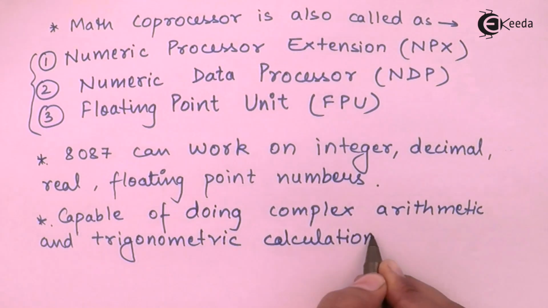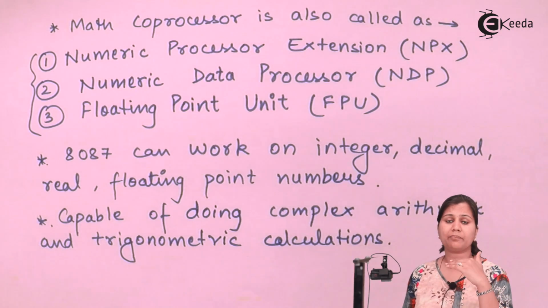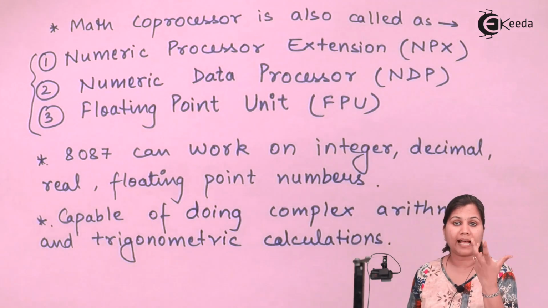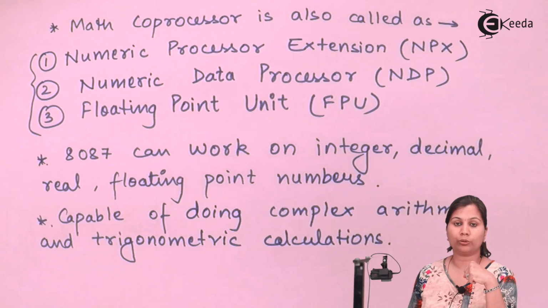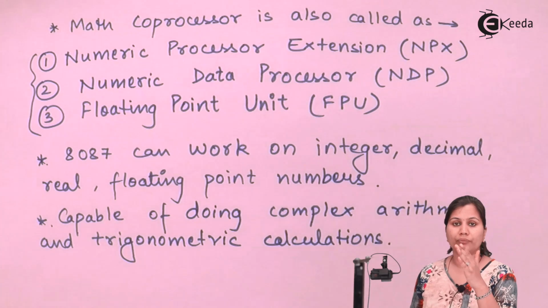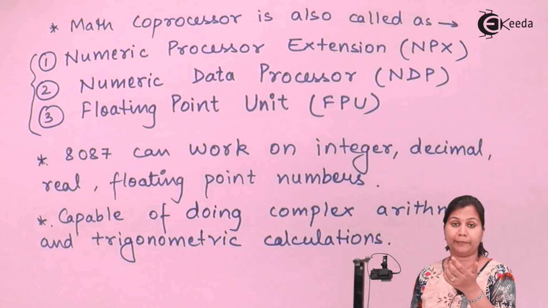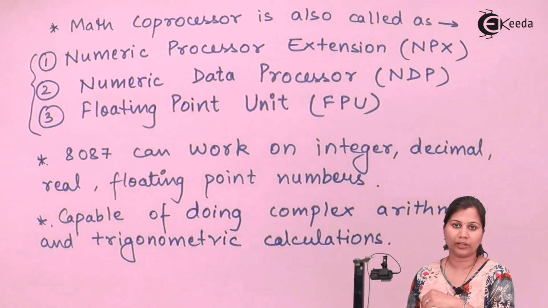Because we know that with the microprocessors 8086 and 8088, there are some programs in which we have to find the sine of any angle, or calculate trigonometric identities, or logarithmic values, and we have to deal with large numbers also. The 8086 and 8088 microprocessors are not capable of calculating them. So for that we need the coprocessor, which is the 8087.